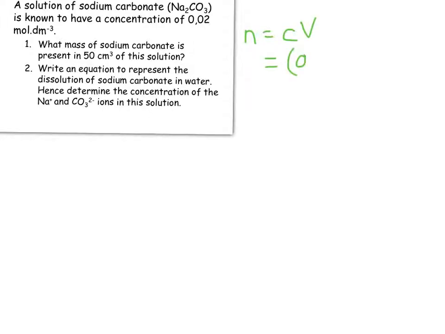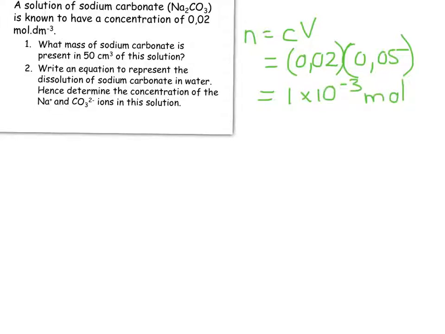They've given me a concentration of 0,02 moles per cubic decimeter. And again, I need to convert the centimeters cubed into decimeters cubed by dividing by 1,000. So it becomes 0,05 decimeters cubed. And then I get 1 times 10 to the -3 moles, or 0,001 moles.